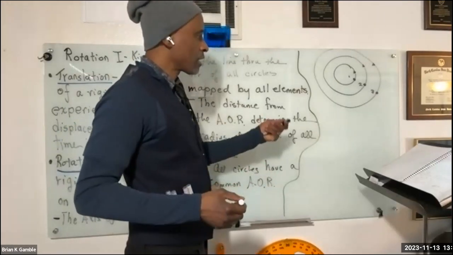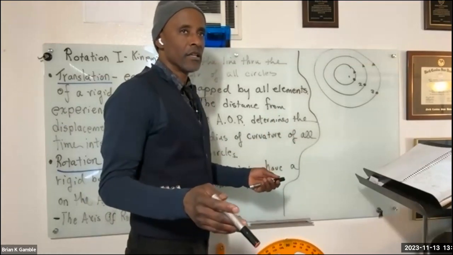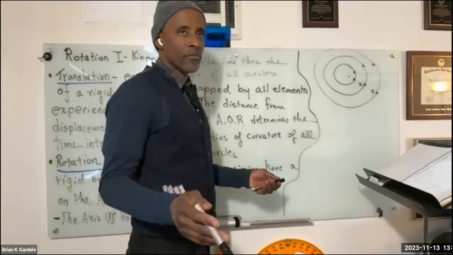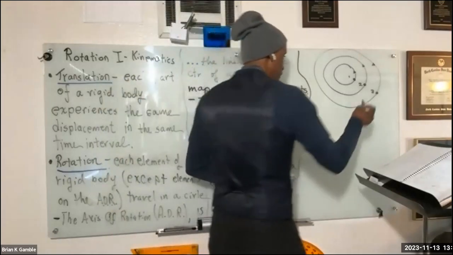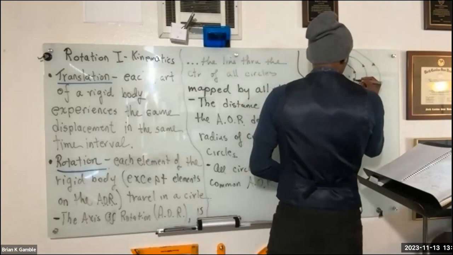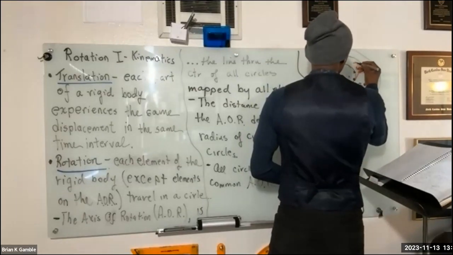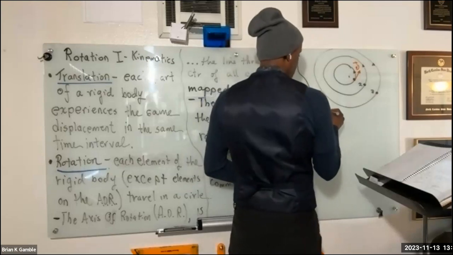Now we're going to define what it means to have an angular displacement, an angular velocity, and so on. But we already know that even though they're moving in a circle, we can still define translational quantities associated with them. If we say that the velocity is tangent to the path at every point, which we do, we'll now call it a tangential velocity.